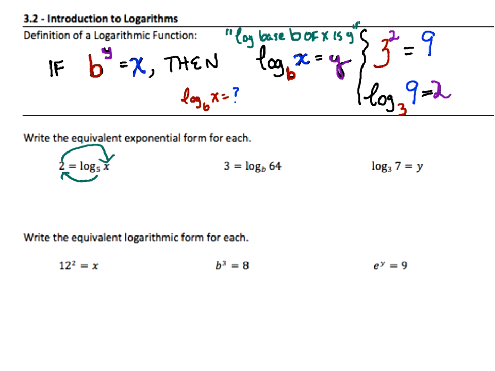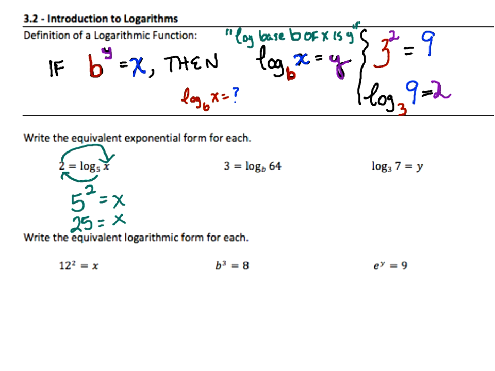So if I turn this into exponential form, it says 5 squared is x, and I could solve for x in that case. x is 25. You didn't have to solve, it just said to write the equivalent form, but that one was pretty easy to solve.